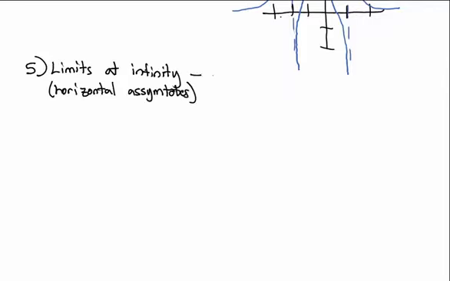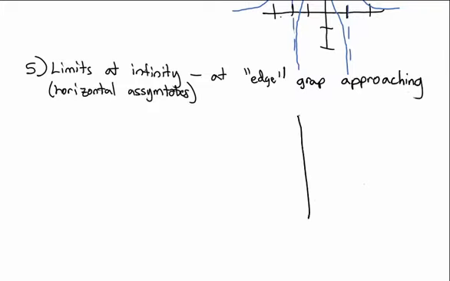And this describes what is happening at the edge, what the graph is approaching. So for example, let me draw another graph here.